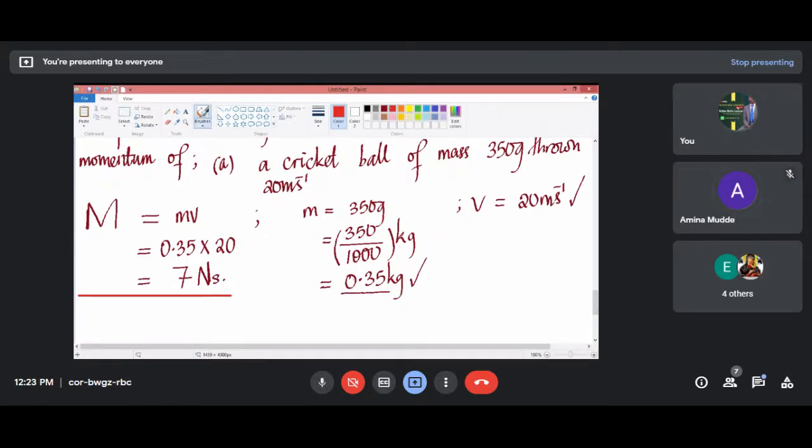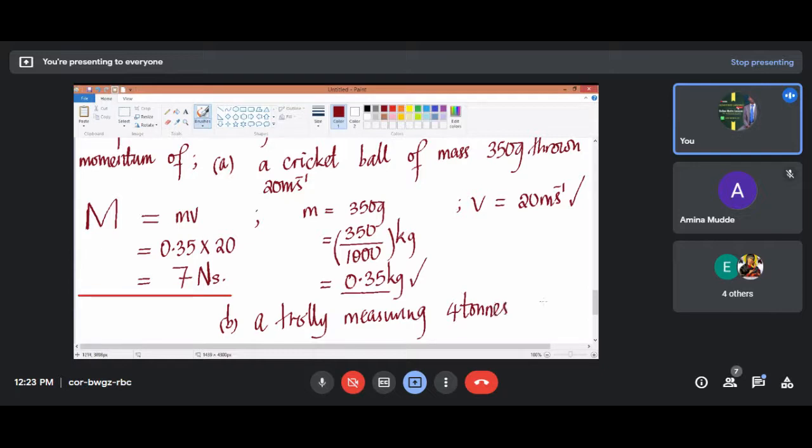Part B, everyone try this. Find the magnitude of momentum of a trolley measuring 4 tons, moving at 0.5 meters per second.